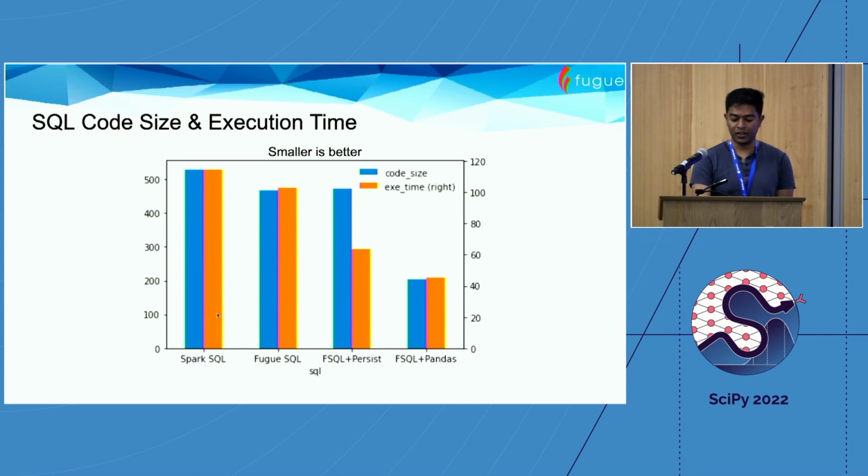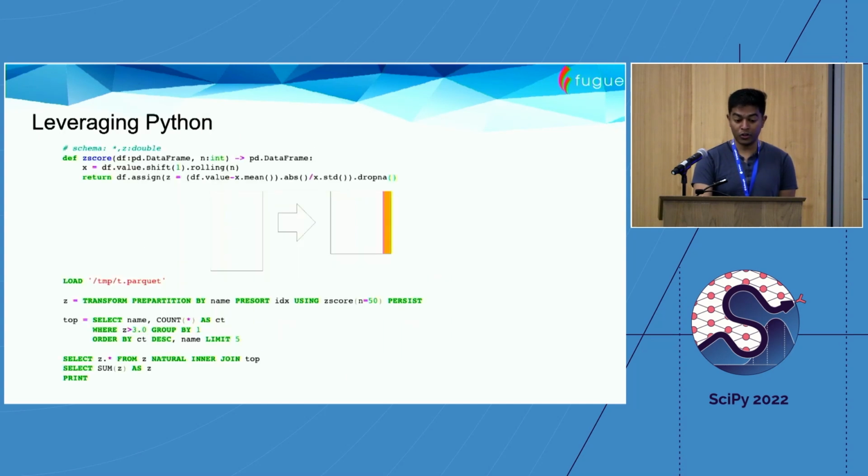Let's look at the performance profiles of all these various options. As you can see here, the first two options are roughly similar. However, you see a significant performance advantage in the second option, and that is largely due to the introduction of the persist keyword. And you see even further advantage when we move to Fugue SQL with the Python function. This also helps in reducing the code size by a lot. Another thing which I forgot to mention is that this is a Python function.